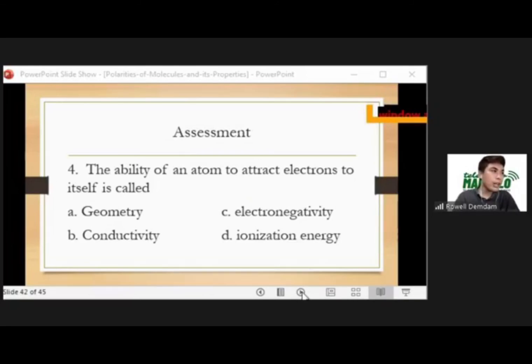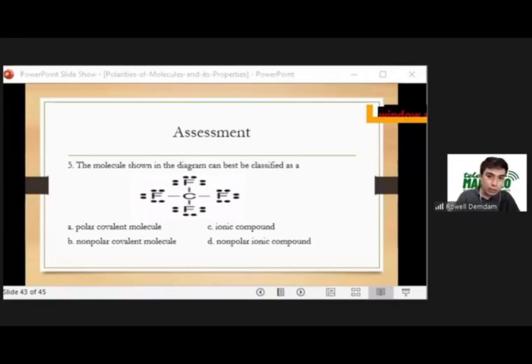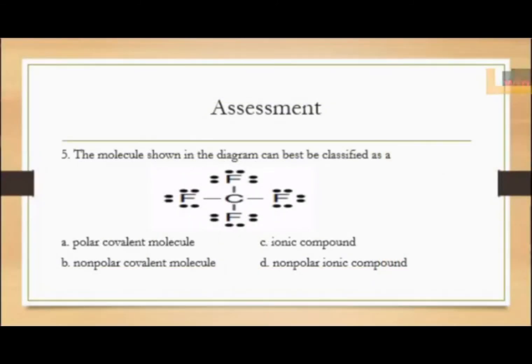Okay, so for the last item, or the last assessment problem, the question is: the molecule shown in the diagram can be best classified as A, polar covalent molecule, B, nonpolar covalent molecule, C, ionic compound, or D, nonpolar ionic compound.